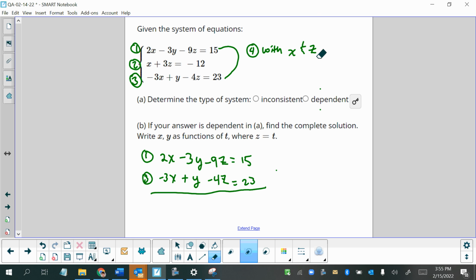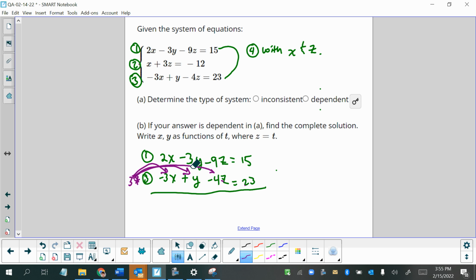It only has x and z. So how are we going to eliminate y here? Let's multiply the bottom equation by positive 3. That way we will end up with a positive 3 coefficient on the y term, and that will help the y's cancel out.